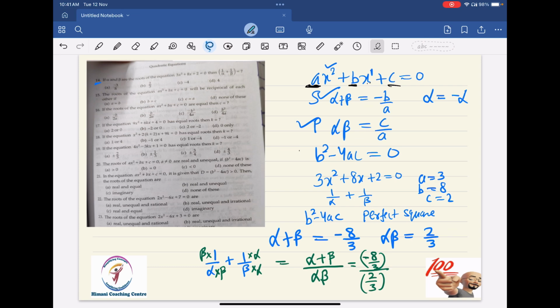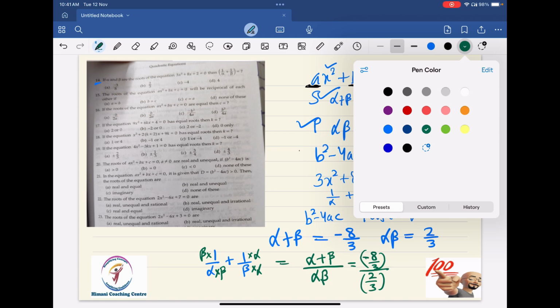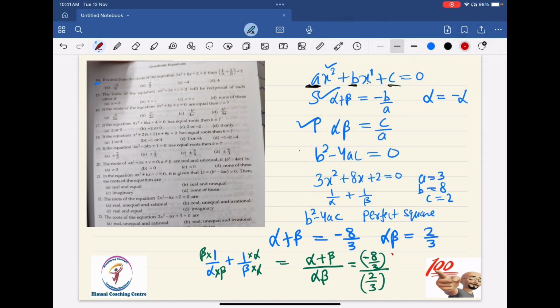I'll just change the color and do it here. So I have minus 8 by 3 divided by 2 by 3, or you write minus 8 by 3 into 3 by 2, and the answer is minus 4. So option C is the right option.